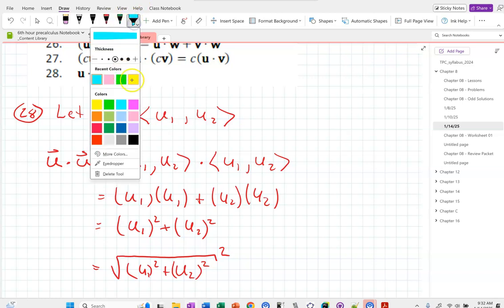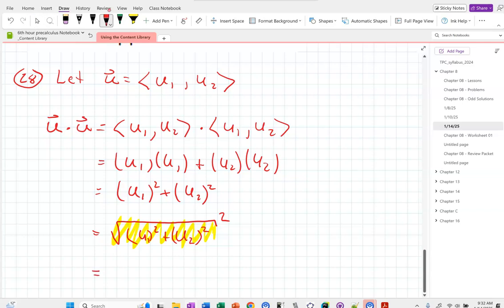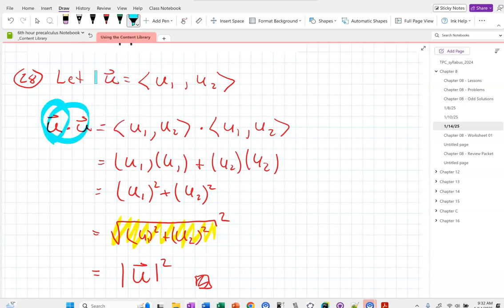The reason I'm doing that is because I recognize that this is just the formula for the magnitude of u. And I'm done now, because I've shown that this is equal to that.